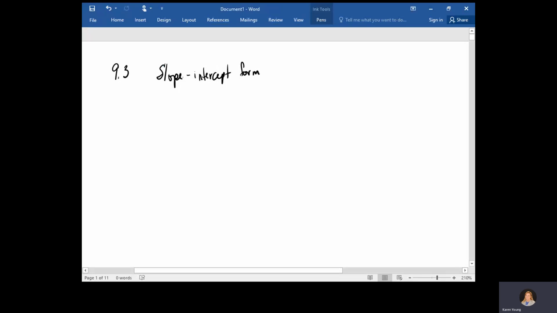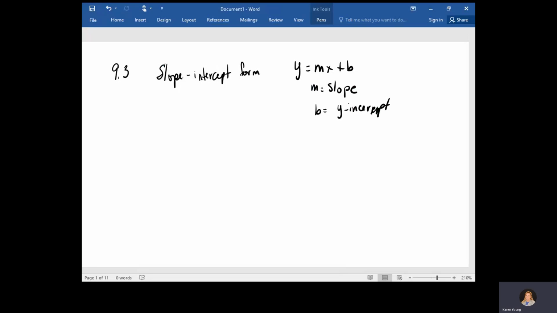We've been talking about lines. We've solved linear equations, and now we're talking about equations of lines. The slope-intercept form is y equals mx plus b, where m is your slope and b is your y-intercept, or where it crosses the y-axis.